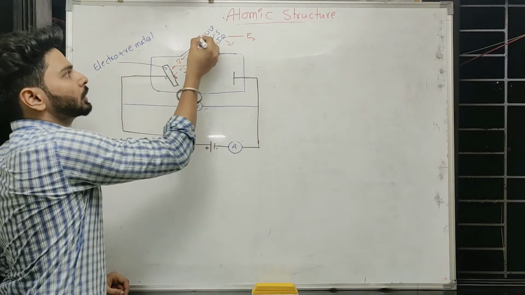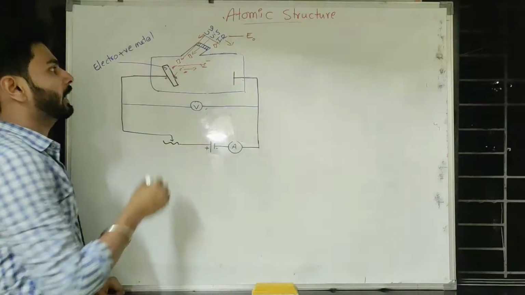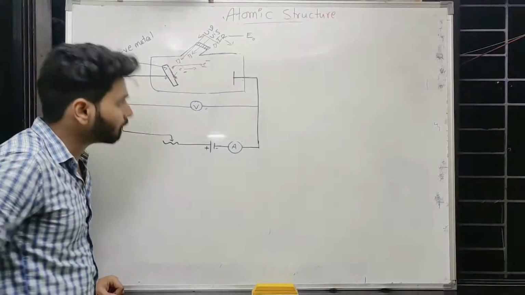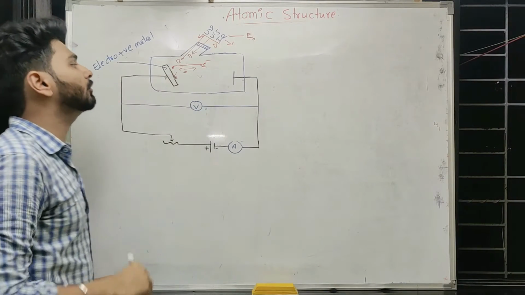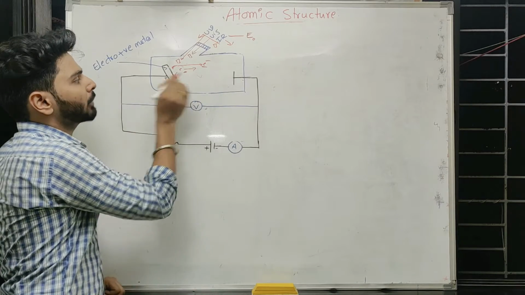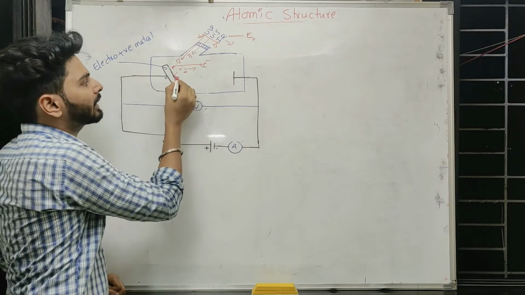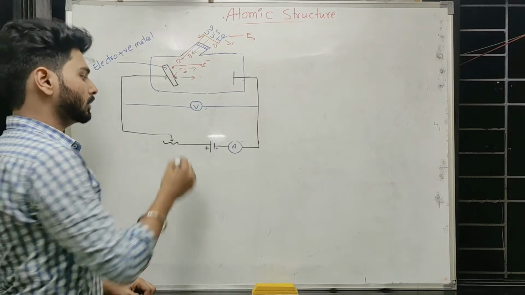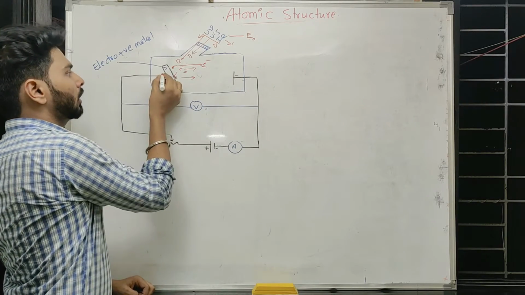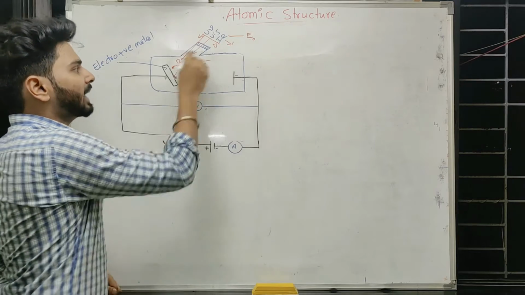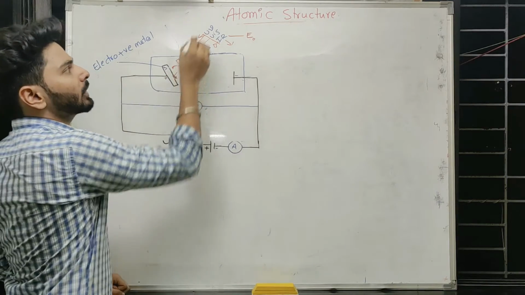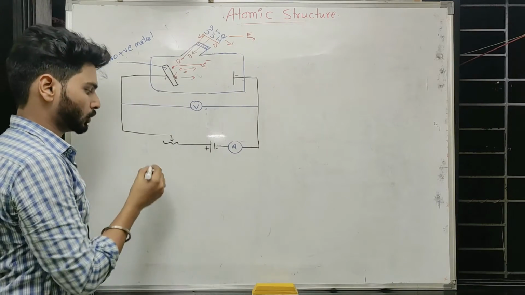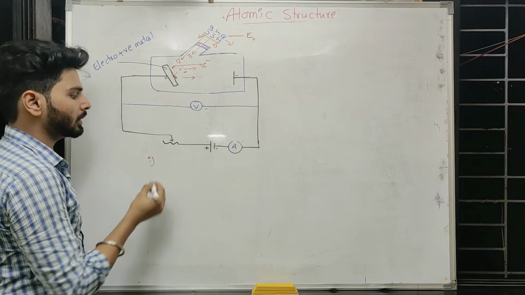If you use a photon of highest energy, it will remove the electron from the surface of the metal, and the excess energy will be used to travel towards the cathode. So the kinetic energy of the electrons depends on the energy of the incident light. That is one conclusion we have to remember.